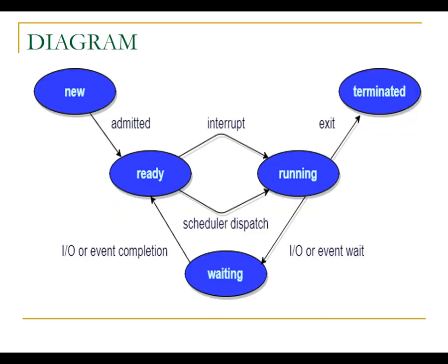Now this is the diagram called process state diagram. As you can see on the diagram, it contains different components, different states like new, ready, waiting, running, and terminated.